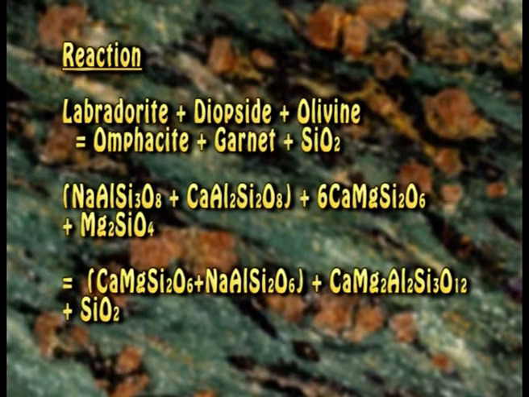The labradorite, usually we consider the composition NaAlSi3O8 plus CaAl2Si2O8, plus diopside 6CaMgSi2O6 plus olivine Mg2SiO4 give rise to omphacite, and omphacite is a complex compound, that is diopside plus jadeite, that is CaMgSi2O6 plus NaAlSi2O6, plus garnet CaMg2Al2Si3O12 and plus SiO2.